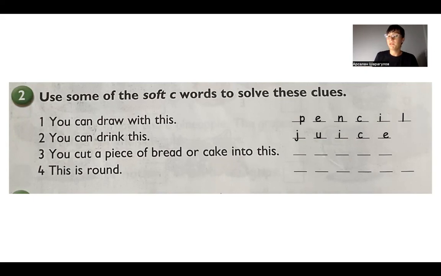You cut a piece of bread or cake into this. Slice. Can I have a slice of pizza, please? Just one slice. I don't want a lot. This is round. Circle. Okay. Easy. Please copy it.